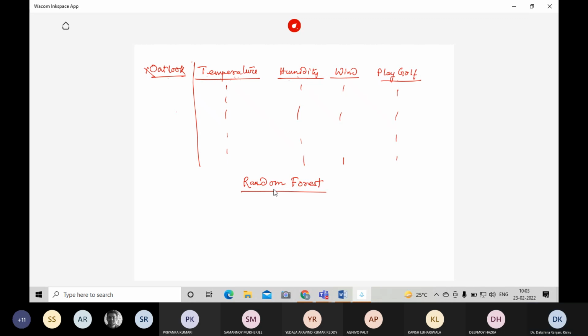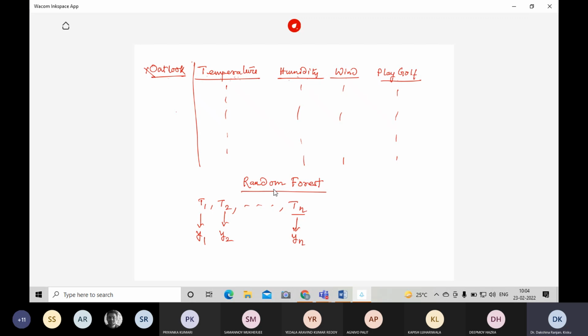That means if we consider there are n number of decision trees, t1 to tn, then every decision tree will generate some output. Let's say the output is y1, y2, yn. So what will we do in the random forest?